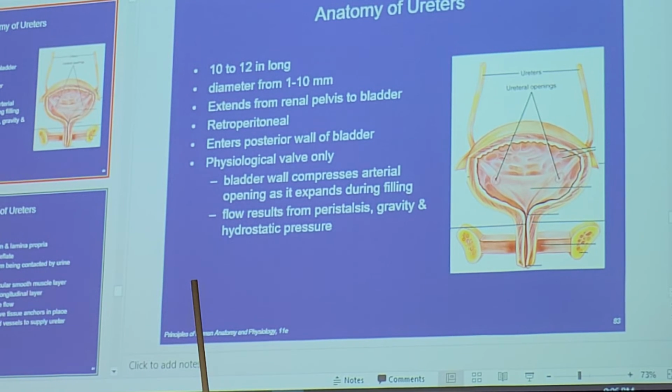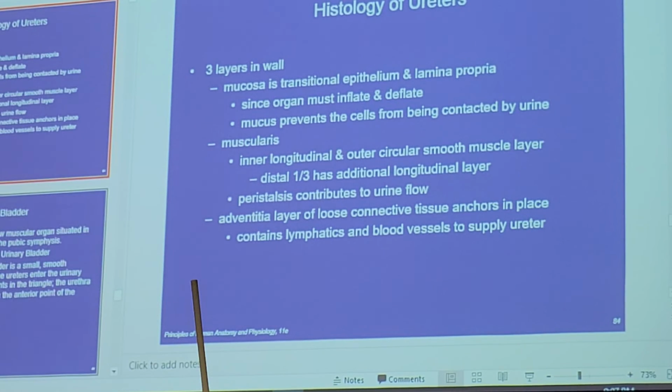Okay, they lead down to the bladder. We talked about this. The bladder is typically muscular. And when we look at the ureters, they will actually have 3 layers of muscle.